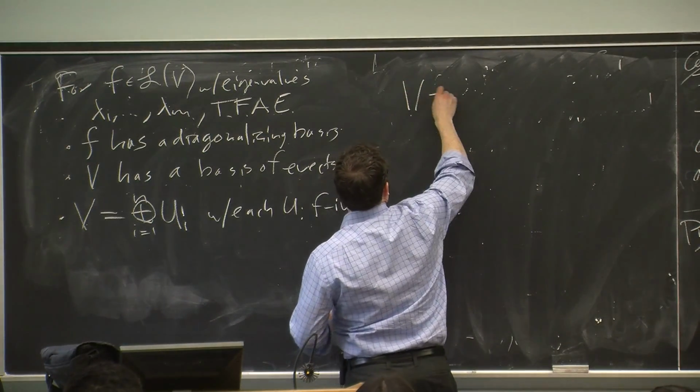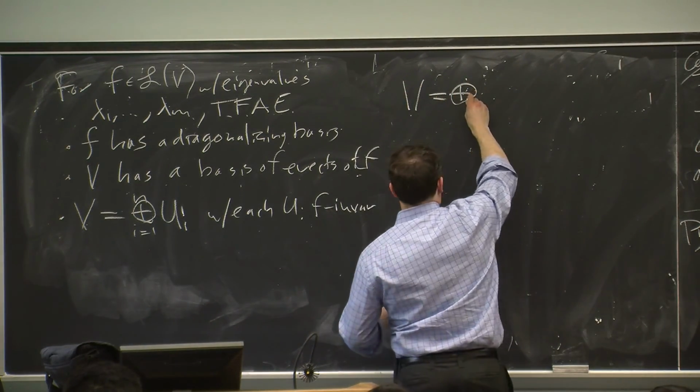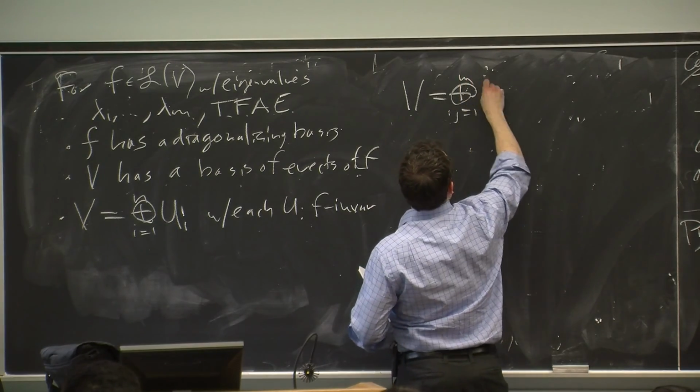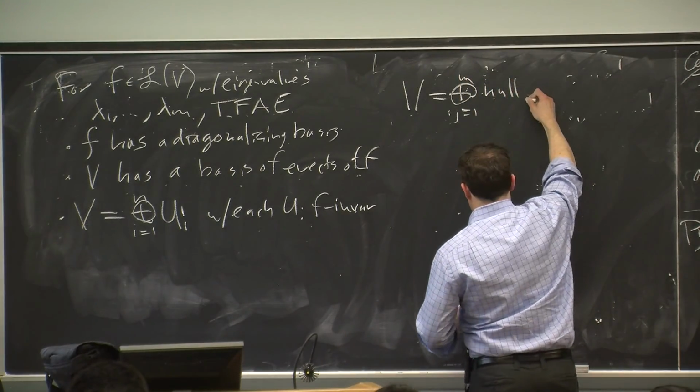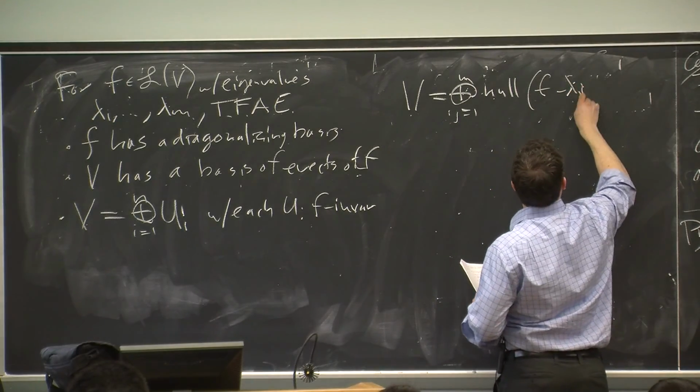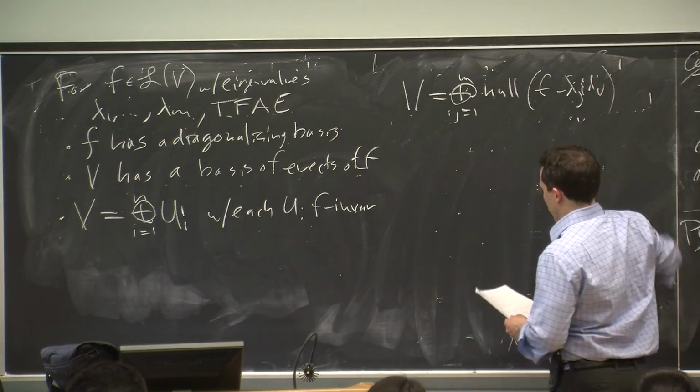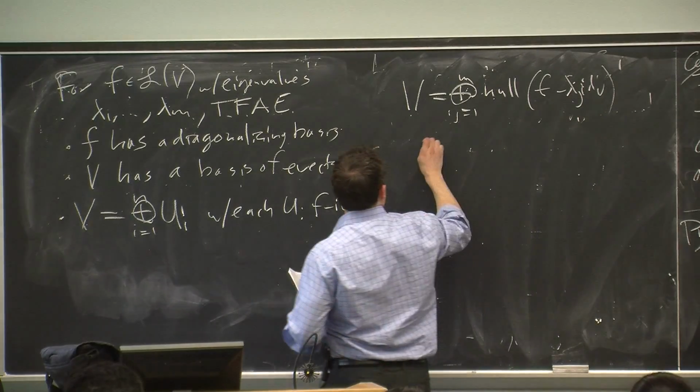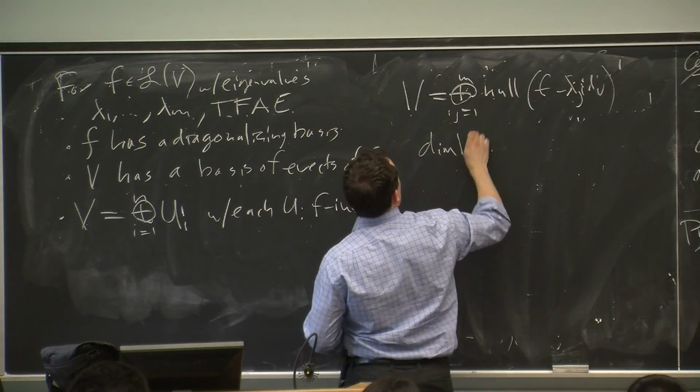I could write V as a direct sum of the null spaces, the eigenspaces, associated to each eigenvalue. And then it was in fact enough to check that the dimensions worked out.